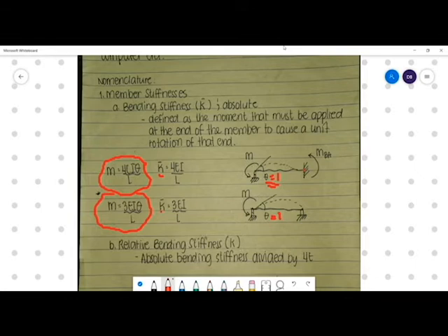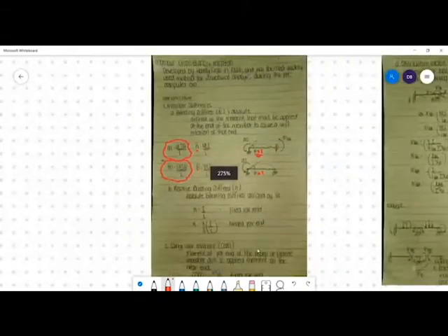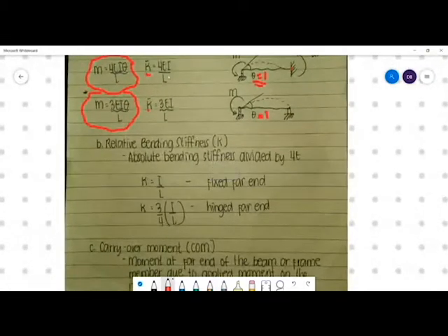If, by given, our structural members are all made of the same material, we can use what we call the relative bending stiffness. So we divide all our absolute stiffnesses by 4E.